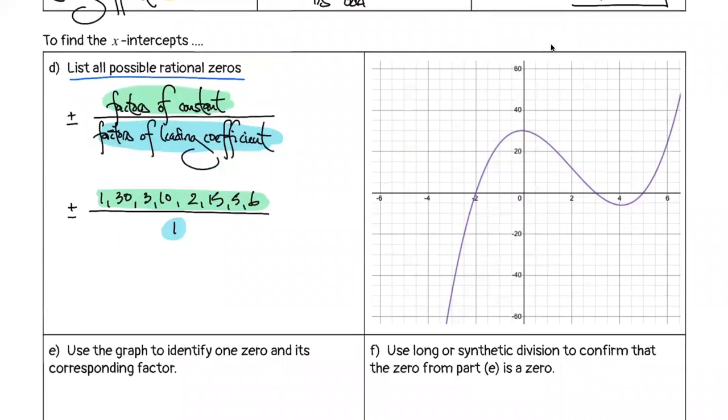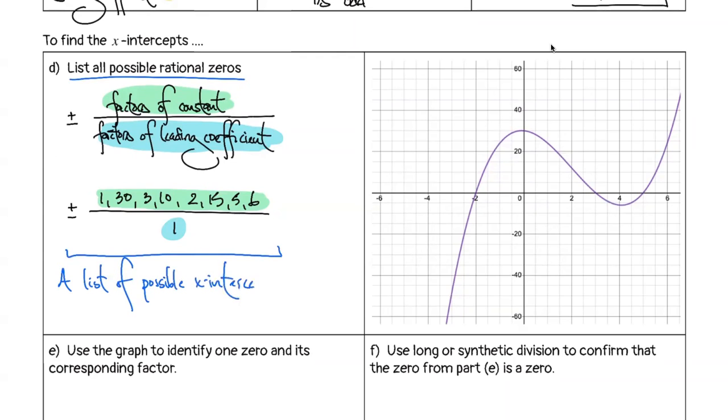Now, the really cool thing about what we've just done is sometimes we want to guess where our graph, like if we didn't know what it looked like, where that graph would cross the x-axis. It turns out that what we've created right here is a list of possible x-intercepts.